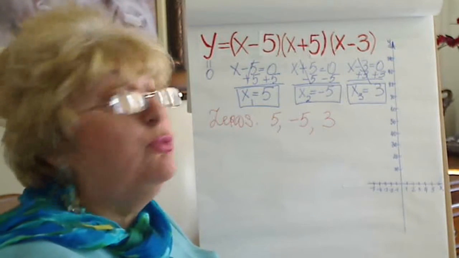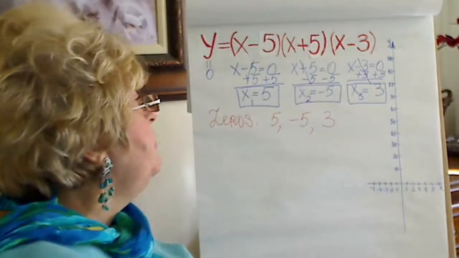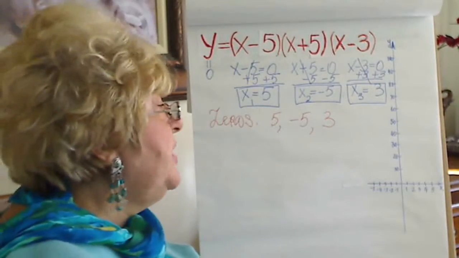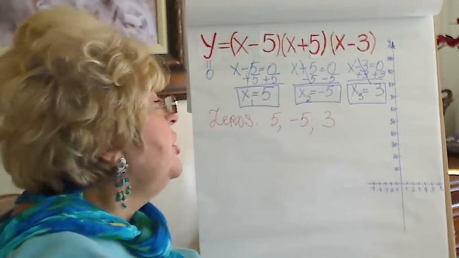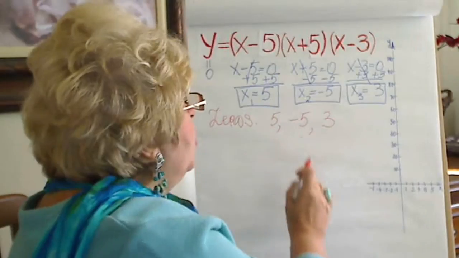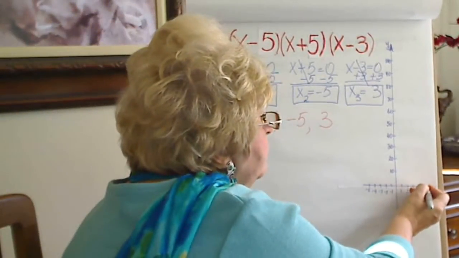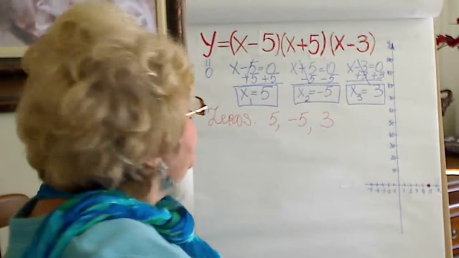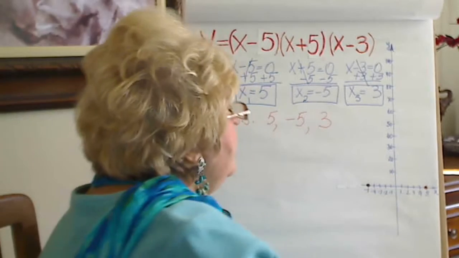Right now we need to focus on how to graph. I know that I have 3 zeros of the polynomial. It will be the case when our function equals 0. So I will put 3 points on the graph: 5, negative 5, and 3.